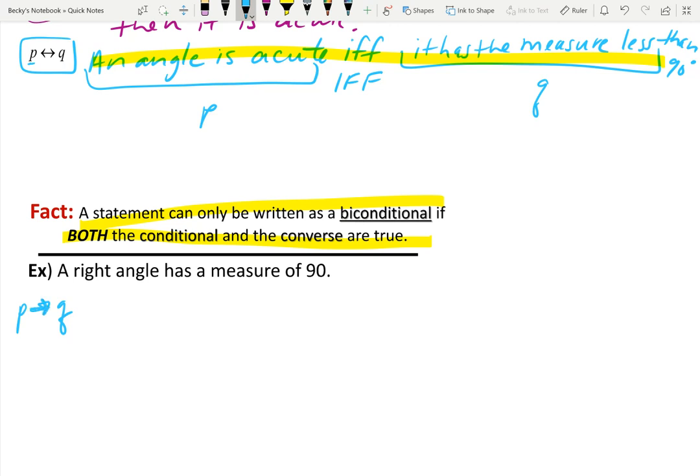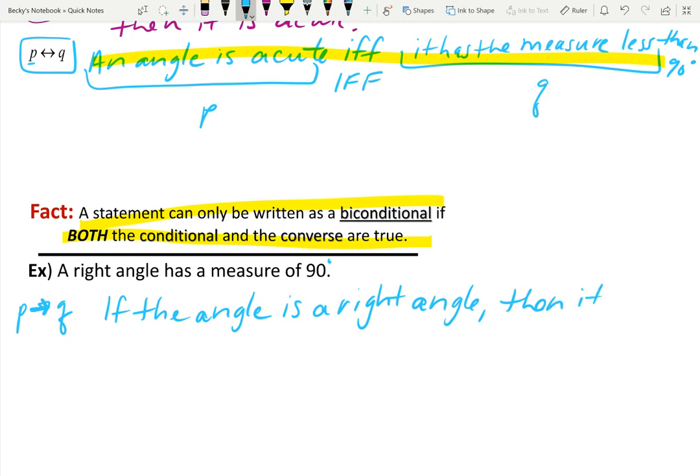So a right angle has a measure of 90 degrees. Okay, so I'm going to say if the angle is a right angle, then it measures 90 degrees. And hopefully you will all agree this is true, because our conditionals are supposed to be true.